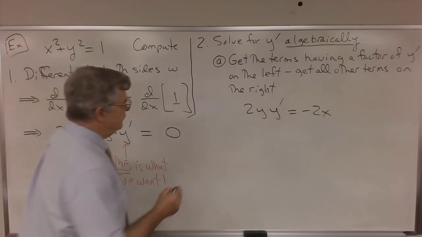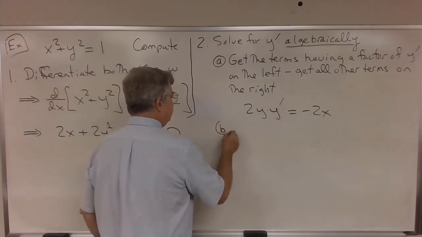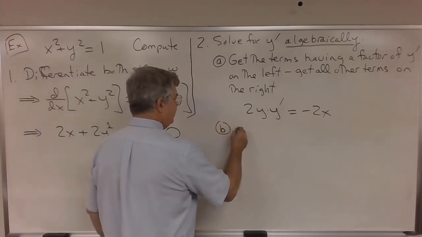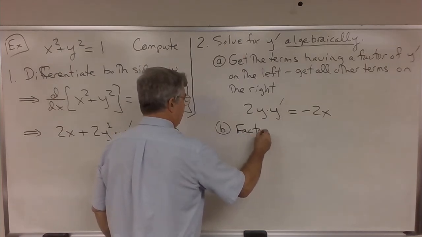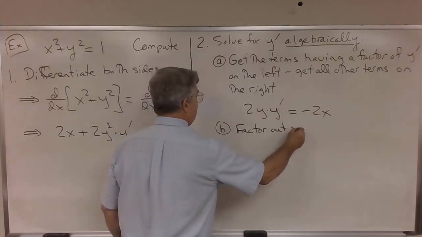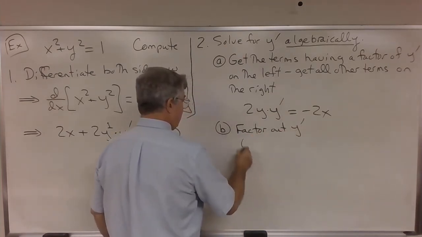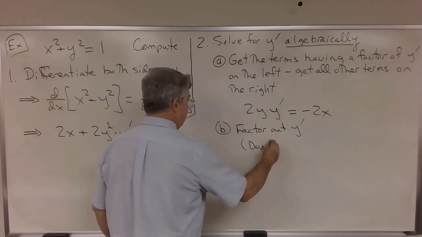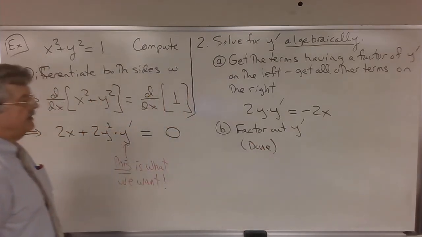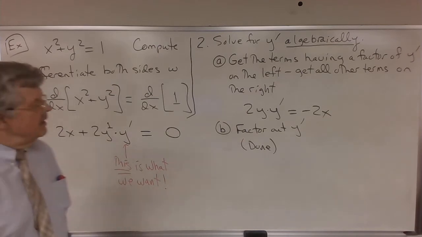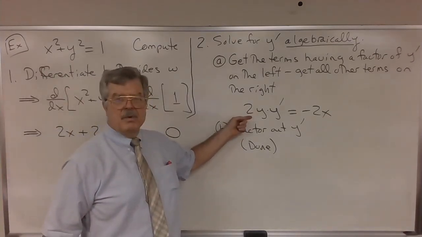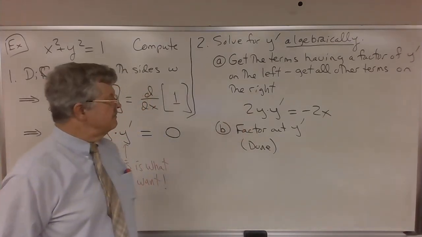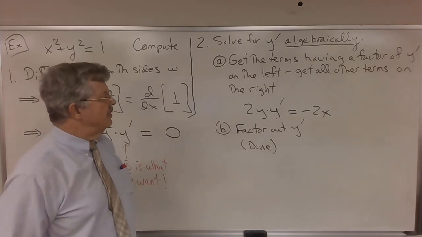And the second step that we usually do here is pretty much done for us. Usually we factor out y prime, and that would be when we have more than one term on the left side. So y prime is already exhibited as a factor.